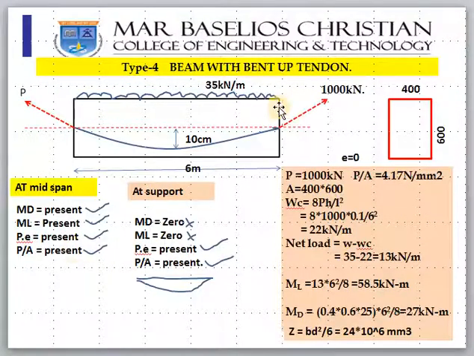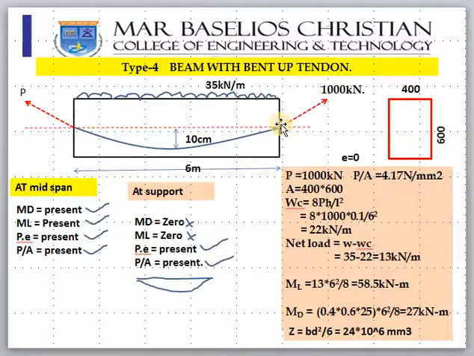When you come to support, you know that when a beam is subjected to UD load, the bending moment at the support is 0. MD, bending moment due to dead load, will be 0, because the bending moment diagram is a parabola like this. It is maximum at the center, and as we come to the support, it is 0. And bending moment due to live load is also 0.